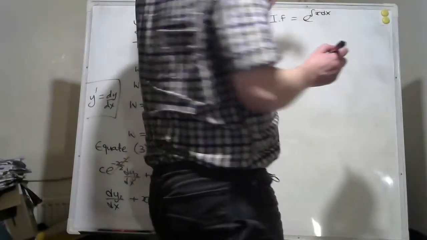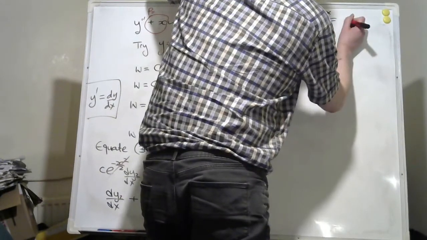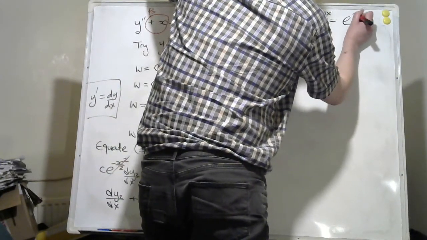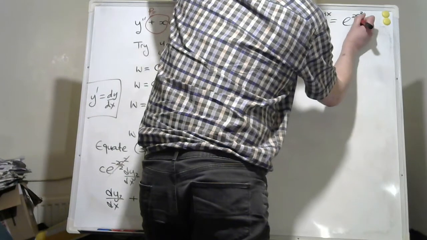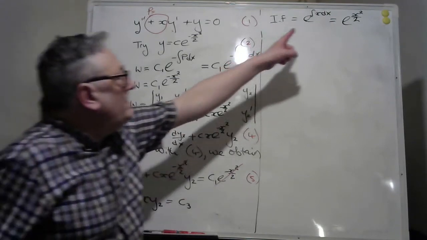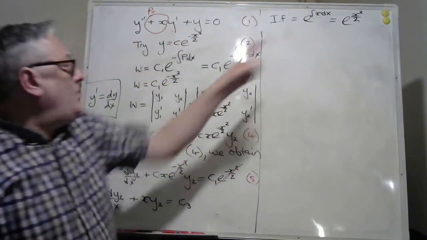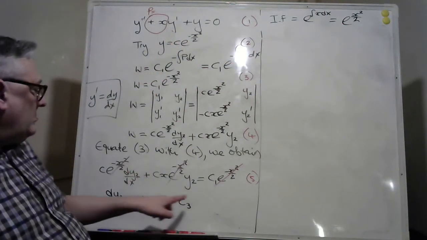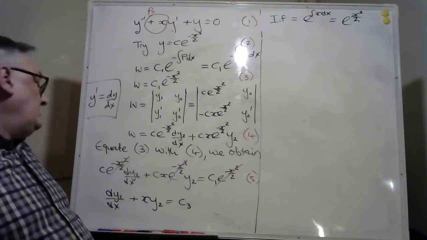So if we integrate this, we get e to the x squared over 2. Now, that means we multiply e to the x squared over 2 by the whole of this equation.